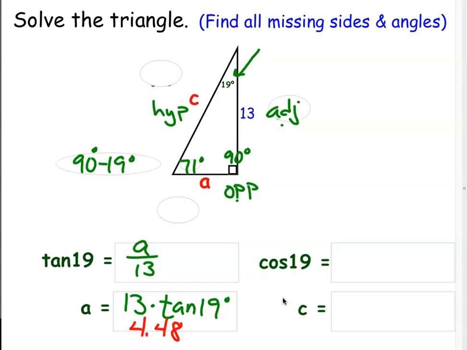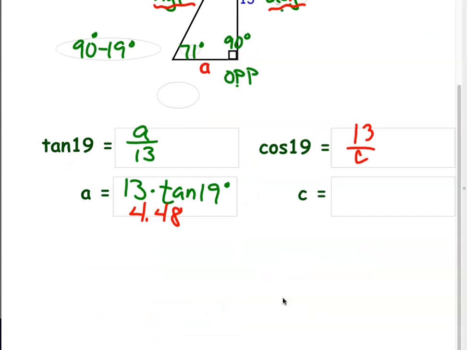Okay. To find side C, we are going to use adjacent and now hypotenuse. That's cosine. So we would say the cosine of 19 is adjacent divided by hypotenuse, 13 divided by C. What do we have to do with the variables in the denominator? Multiply it over.